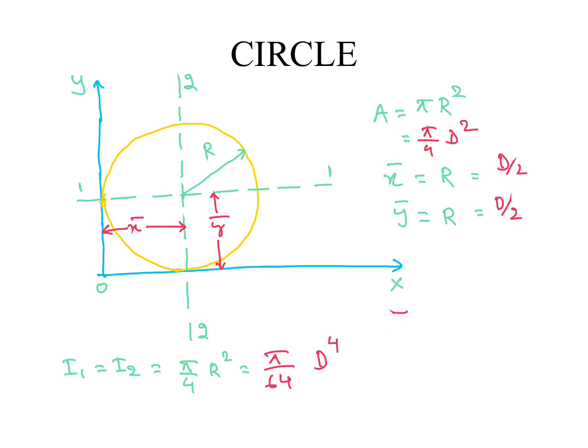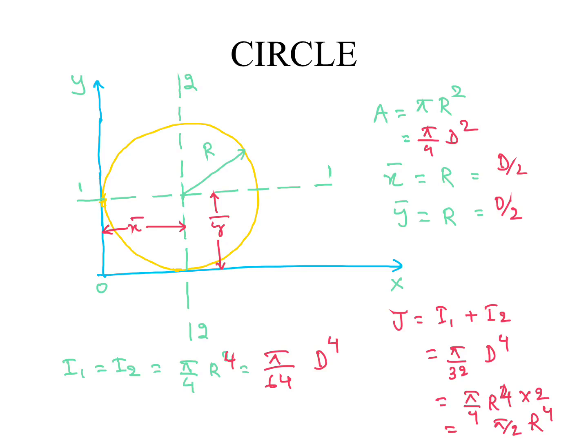Then polar moment of inertia J, I1 plus I2, you will get pi by 32 d to the power 4, or in r term pi by 4 r to the power 4 into 2, you will get pi by 2 r to the power 4.